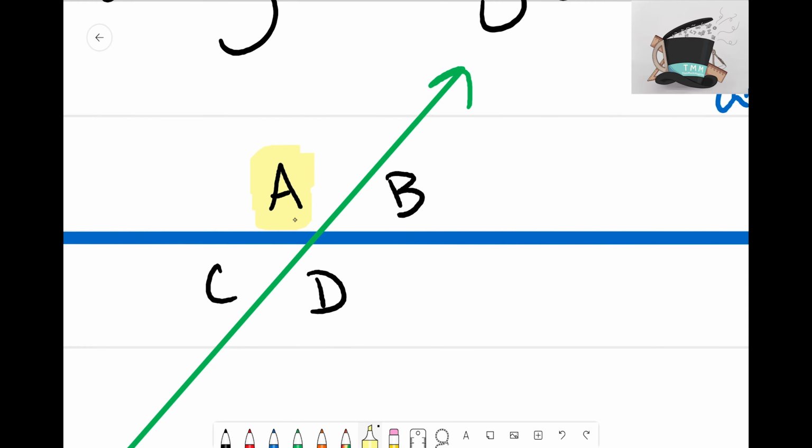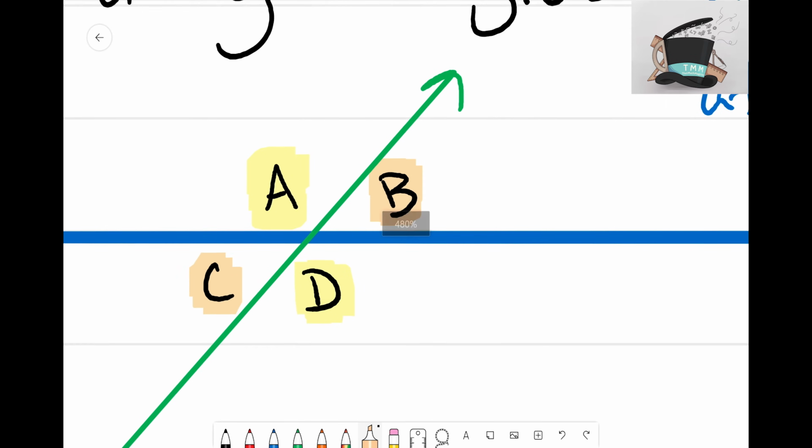In our last video, we talked about vertical angles. Right here, I have a set of vertical angles, two lines intersecting where the opposite angles are equal. So A and D are vertical angles, and they are equal. I'm going to shade them both with a yellow highlighter. I'm now also going to shade in the other two remaining angles there because they are also vertical angles and they are also equal to each other.